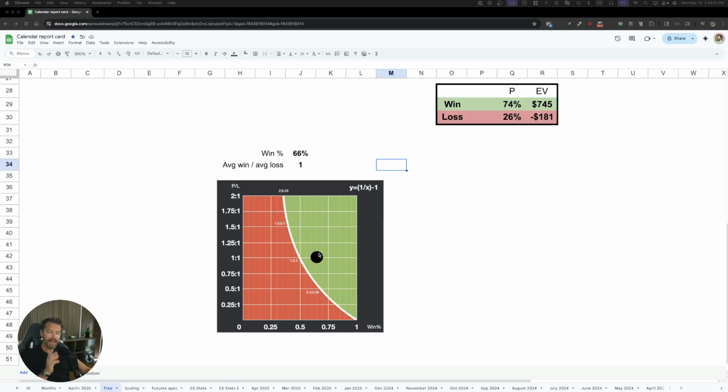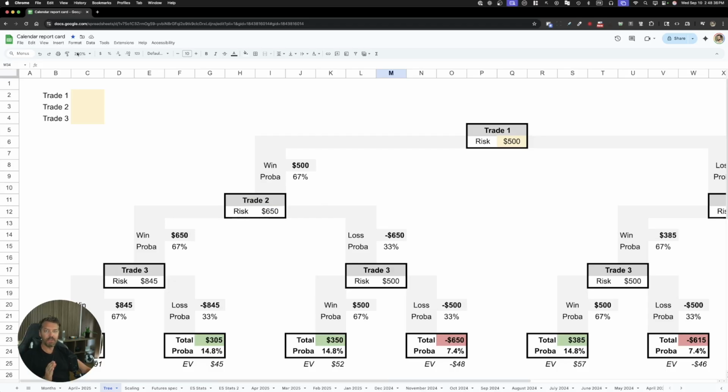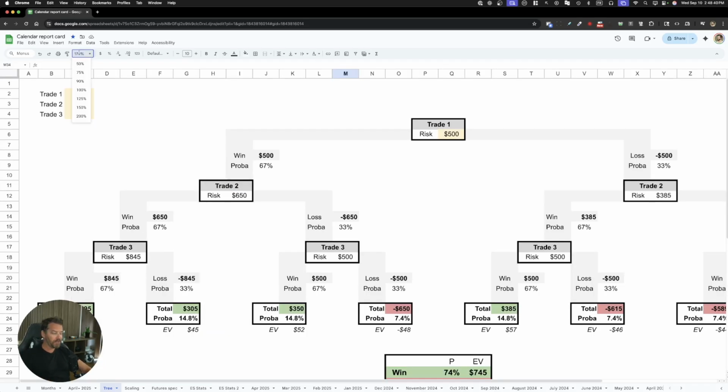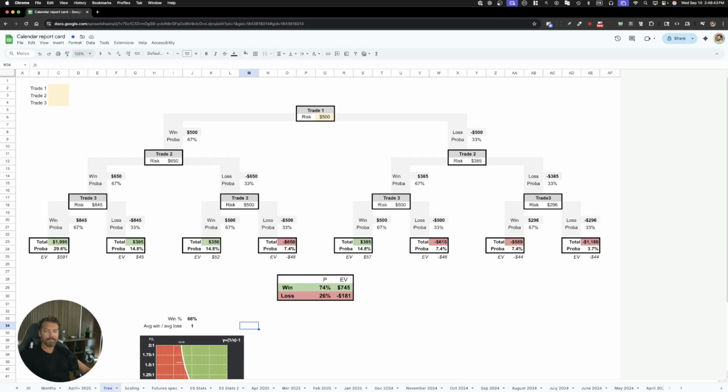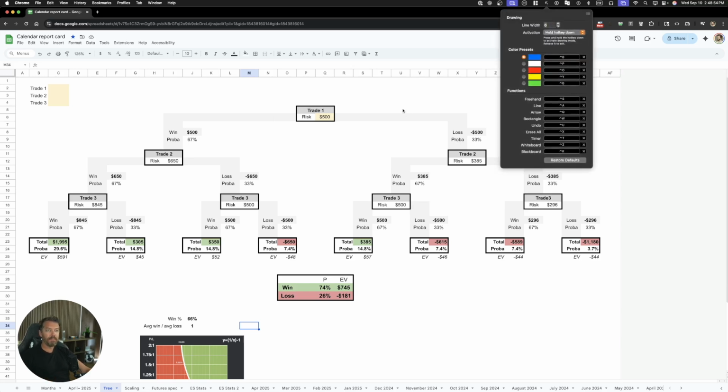All right, so now that we have set up our assumptions, let's have a look at this tree. So it's coming back to some statistics and probabilities. This tree is basically representing 3 consecutive trades. So you have the first trade right there. Let me take a blue pen.